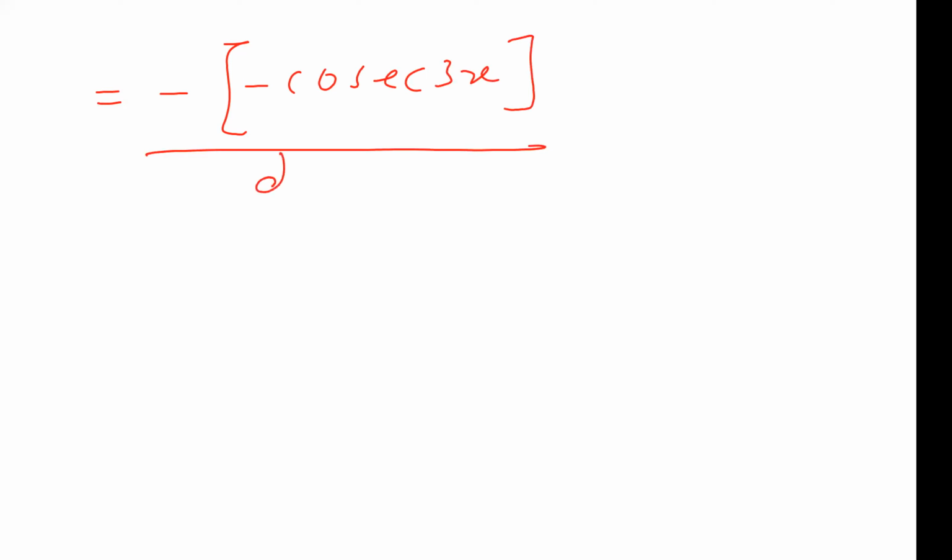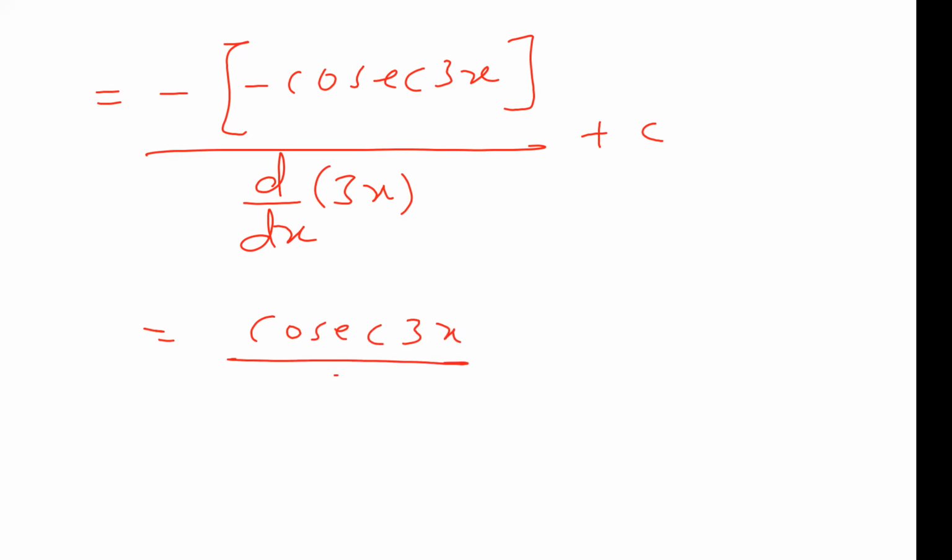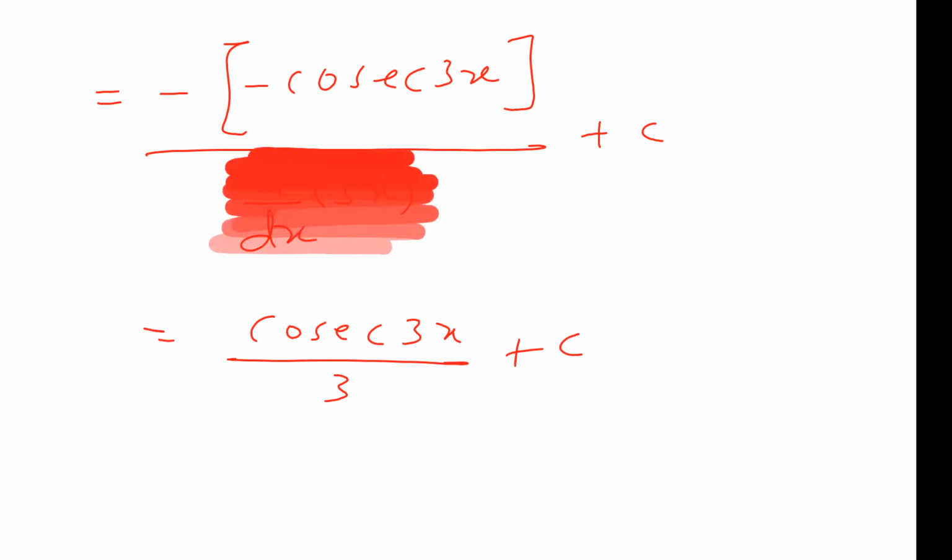So it will be minus into minus cosec 3x upon d by dx of 3x plus c. So cosec 3x upon 3. This d by dx of 3x came because of the chain rule. If you wish to copy this, you can copy and let me know once done.